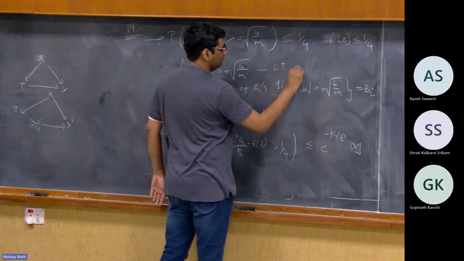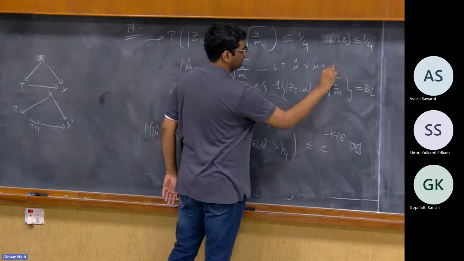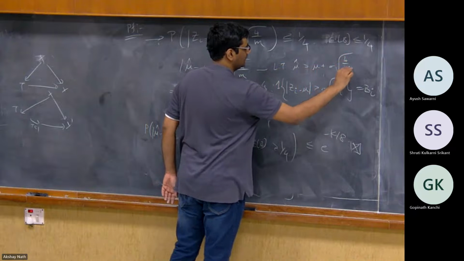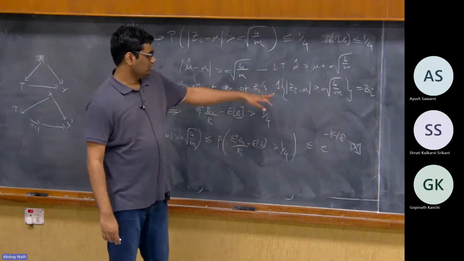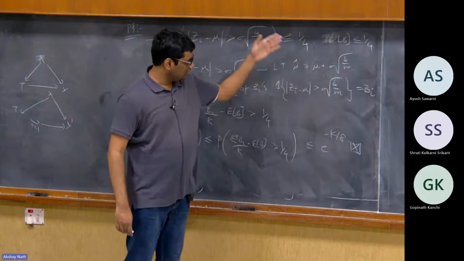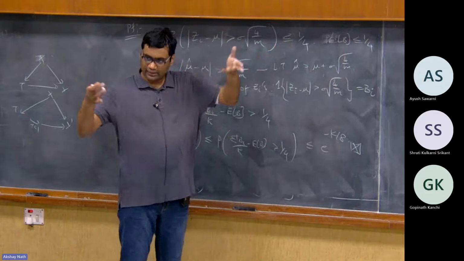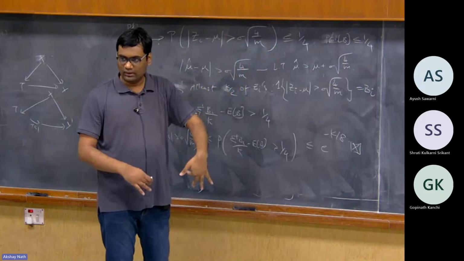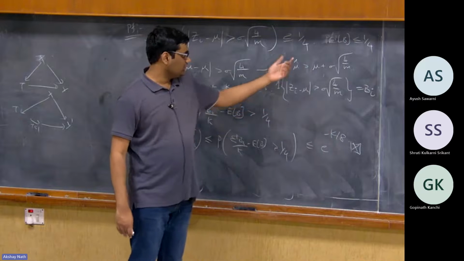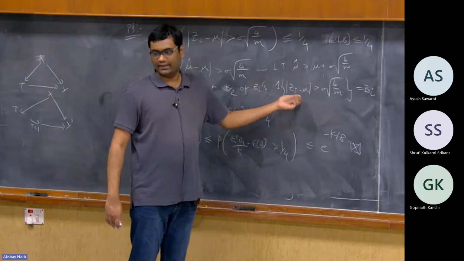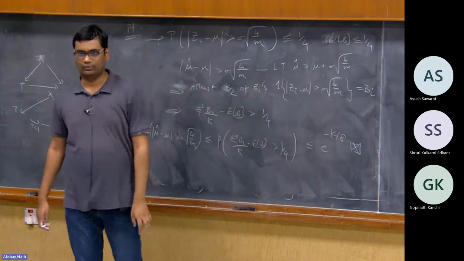If the mu hat event is true, then this is bounded by it. If the lower tail is true, again by the median argument, half of them would be below that. That's also true because it's a median. And therefore, in either of the cases, this indicator function has to be 1.